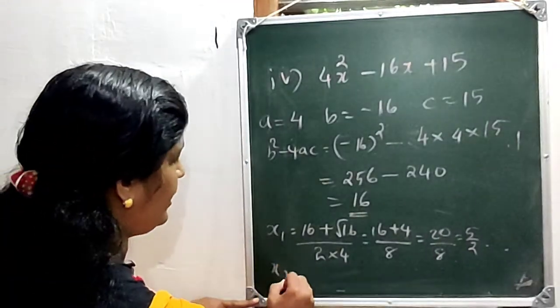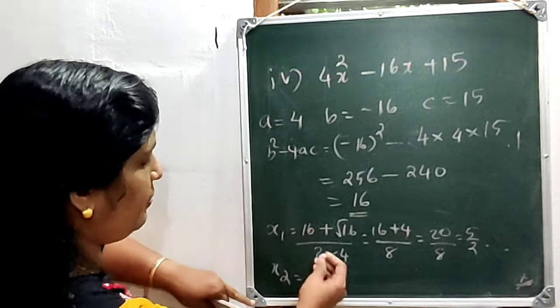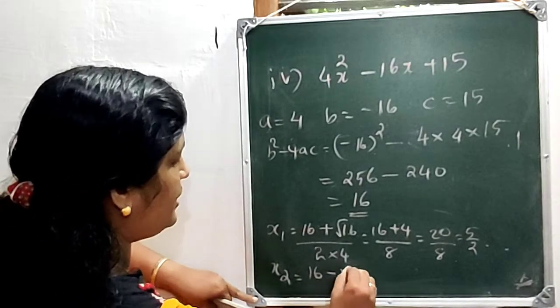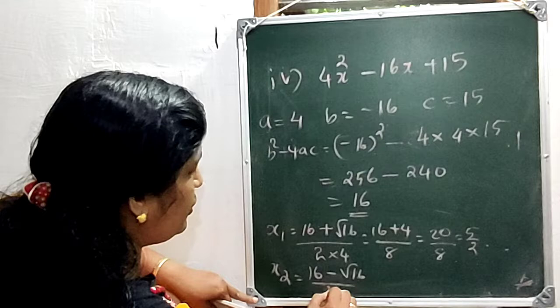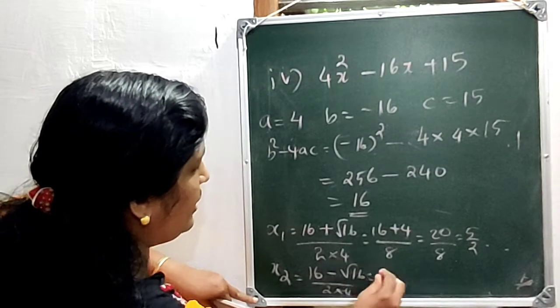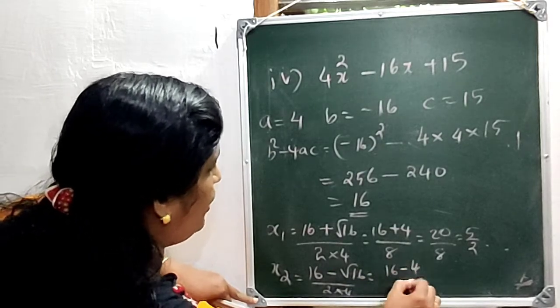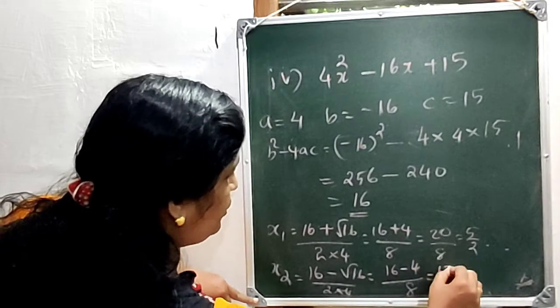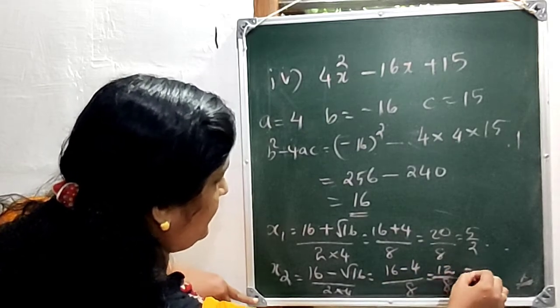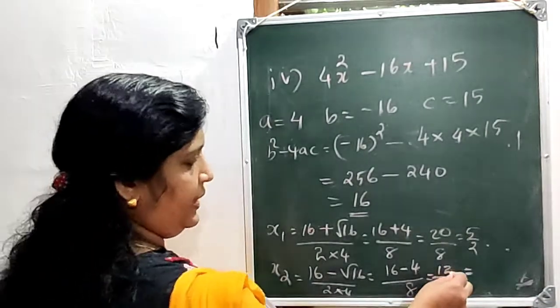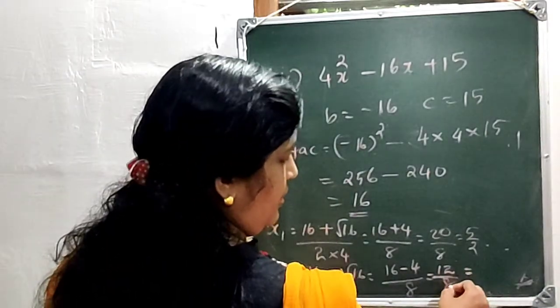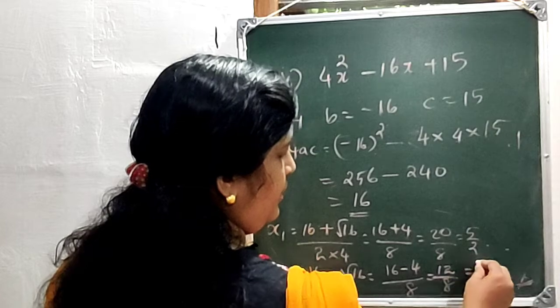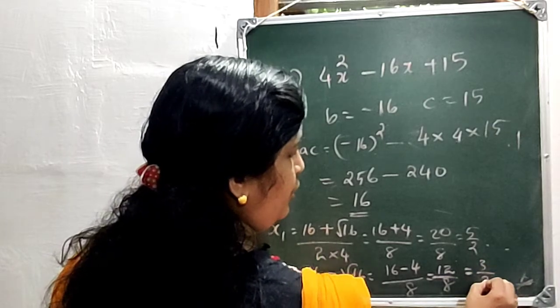One more solution, that is x2. x2 is equal to 16 minus root 16 by 2 into 4, that is 8. That is 16 minus 4 by 8. 16 minus 4 is equal to 12. 12 by 8 is equal to 3 by 2.